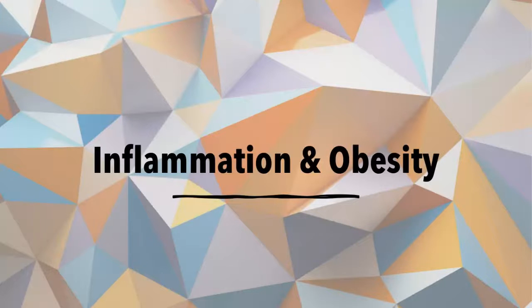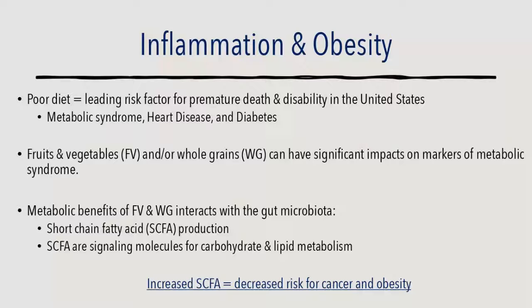All right, so inflammation and obesity. As we know, poor diet is really one of the leading risk factors for premature death and disability in the United States, leading to metabolic syndrome, heart disease, and diabetes. Fruits and vegetables, with or without whole grains, can also have a significant impact on markers of metabolic syndrome.